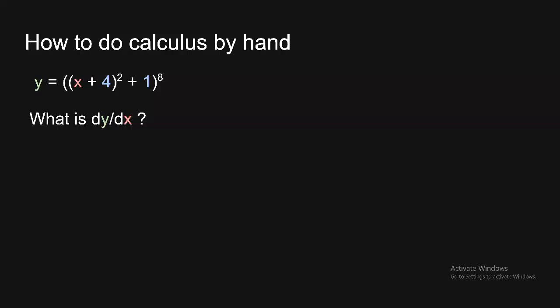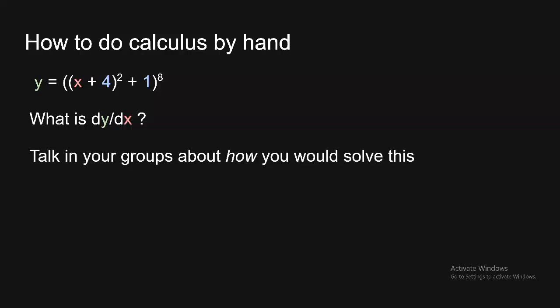All right, and after you spend some time looking at it at least, I want you to talk in your groups about how you solved it. Focus on the mechanism you used to solve it.